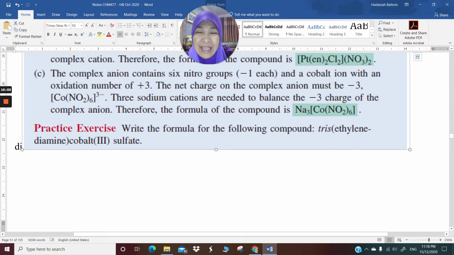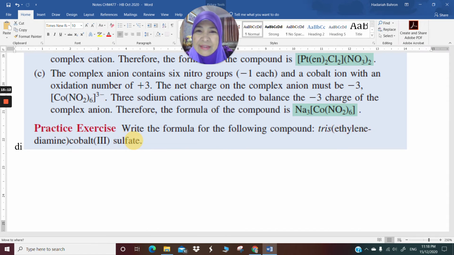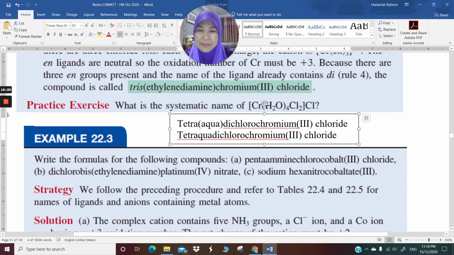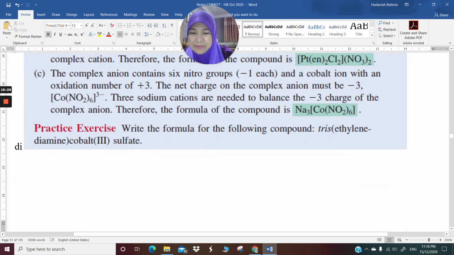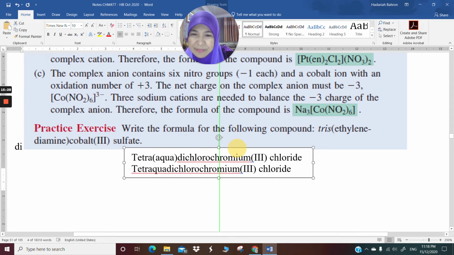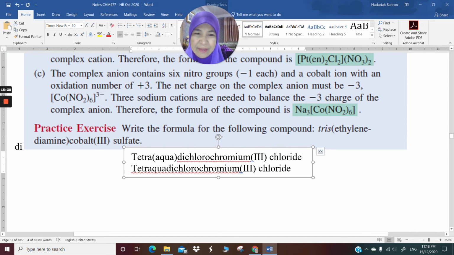So to balance out the charges, you're going to need 2 of these complex ion and 3 of that. How do we do that? Let me explain to you.